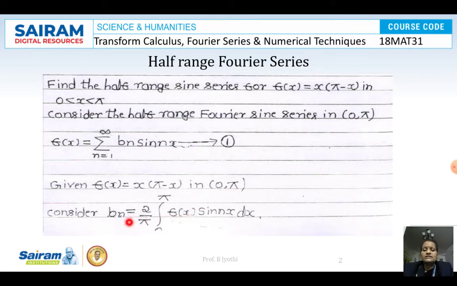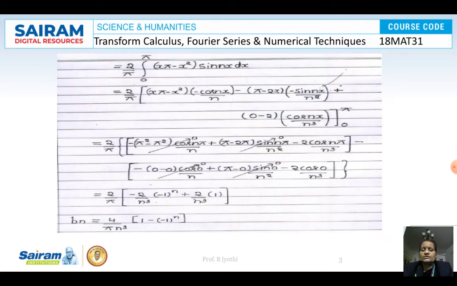Now consider the formula for bn, which is given by 2 by pi, integral 0 to pi, f of x into sin nx dx. So f of x is replaced: x times (pi minus x), into sin nx dx.